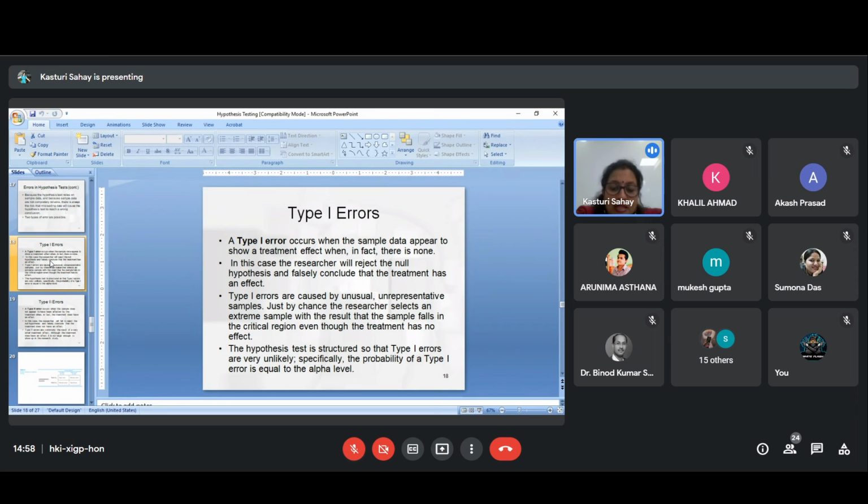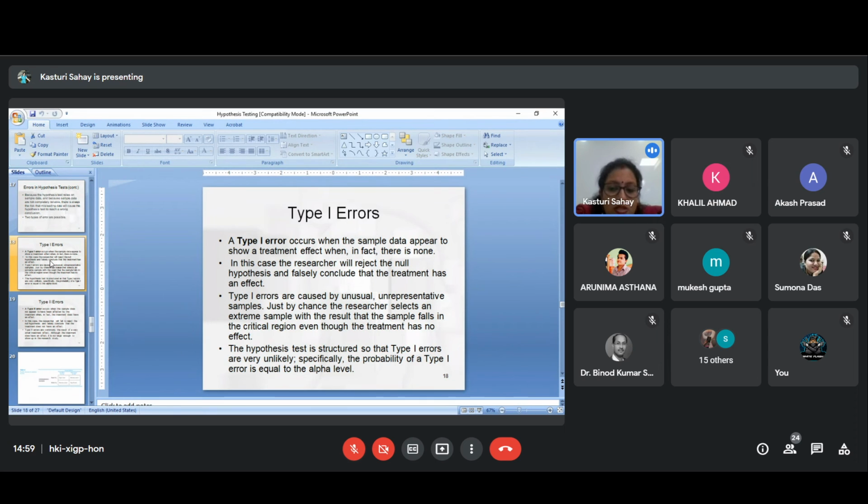So this is known as a type 1 error, and it is usually caused by an unusual or unrepresentative sample, like we were discussing in the first session, that in case of simple random sampling, some kind of data could be missed out. Some important population elements could be missed out from the sample. So that is where we might get a type 1 error.